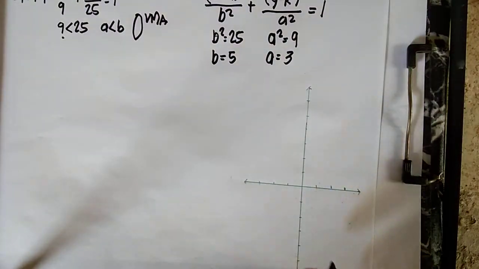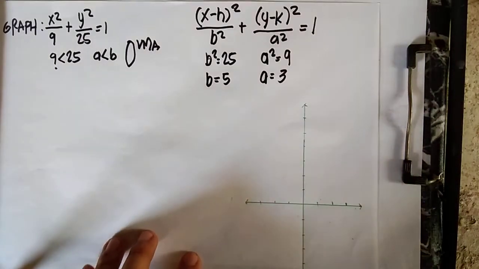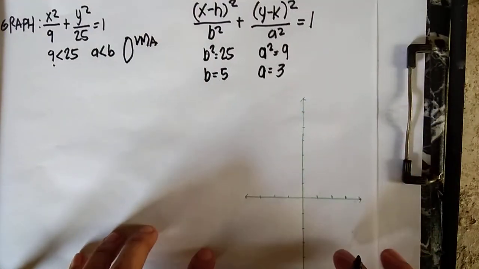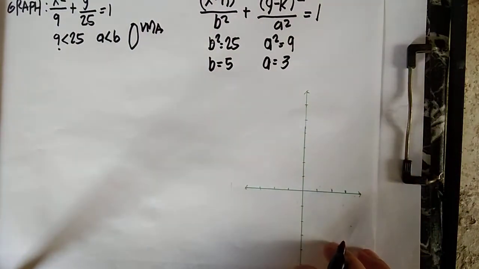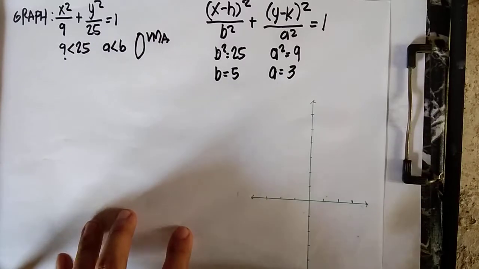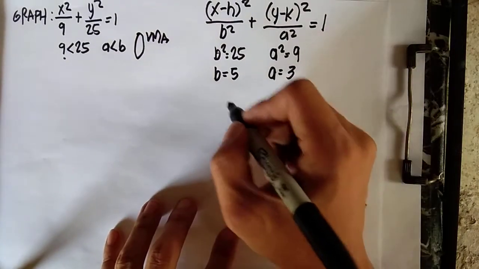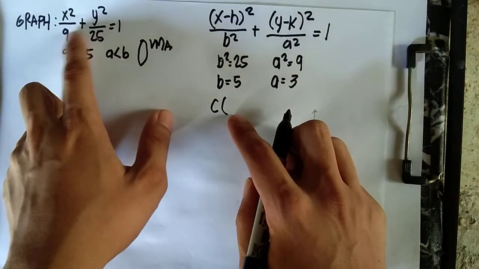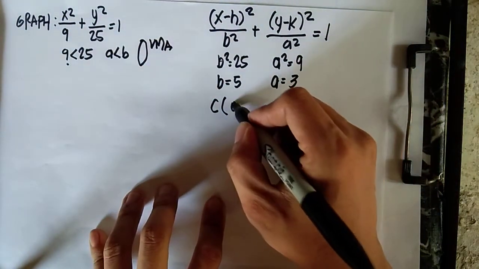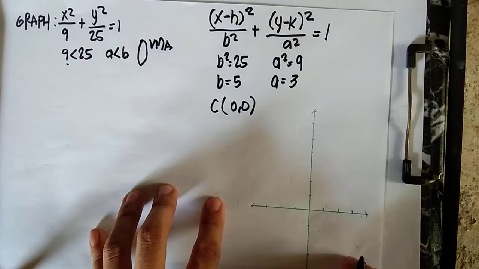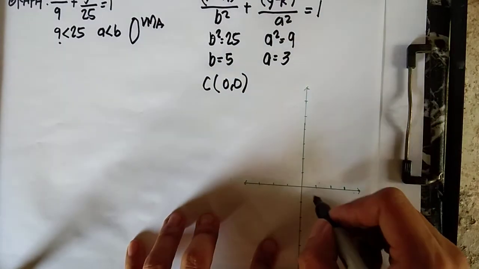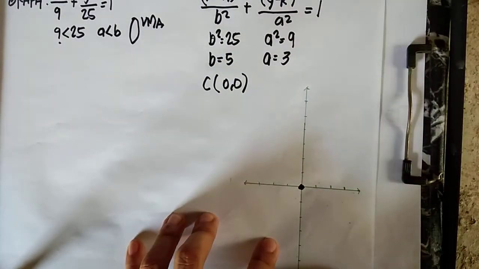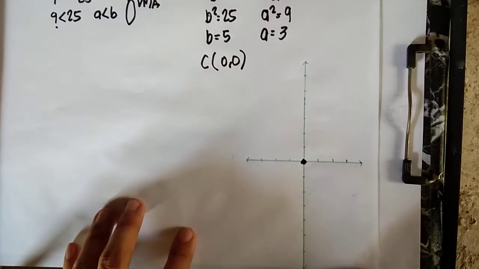Since alam natin na yung ating ellipse ay vertical or patayo, malalaman natin yung center niya. Yung center natin, since wala ulit siyang kasamang coefficient, will be at 0, 0. Since this is 0, 0, ang ating center is at this point, sa origin.